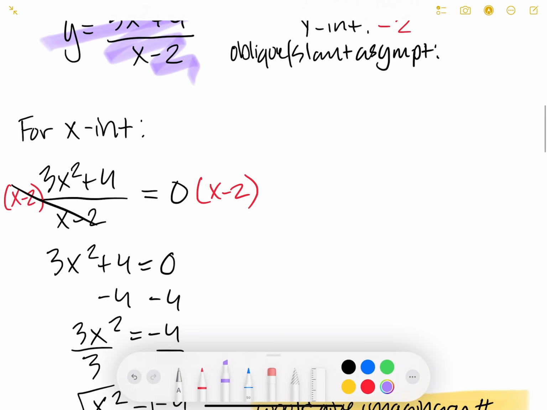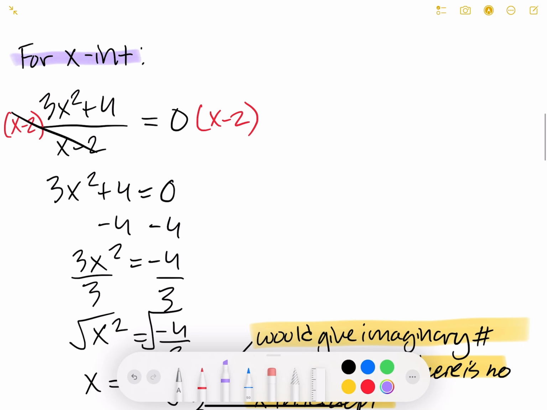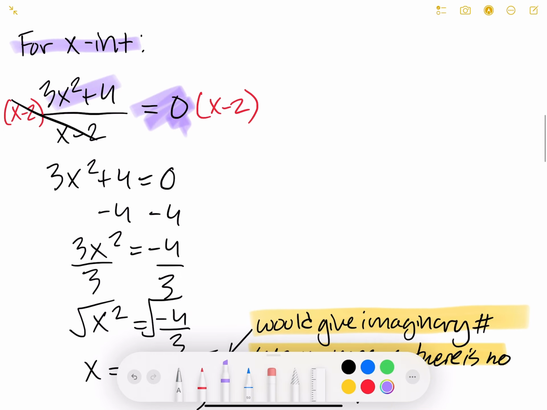So first I started off with the x-intercept. In order to do that, you would have to set the function equal to 0. That will help you find the x-intercept.